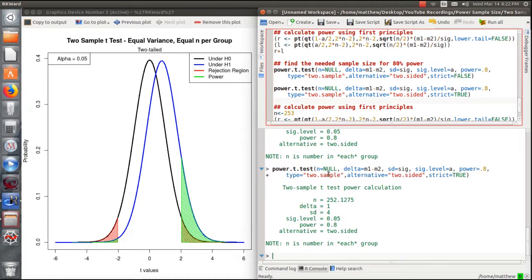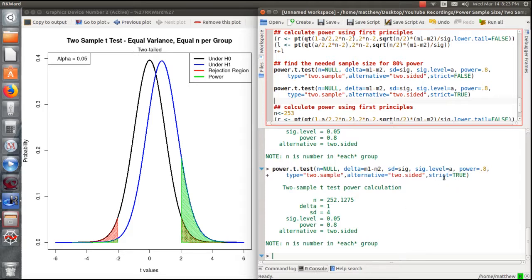And the reason that they're the same is when you increase n, the non-centrality parameter increases, and this distribution shifts to the right, and so this area becomes more and more over this region, and then the area under this curve in this is essentially zero, and so that's why it produces similar results.